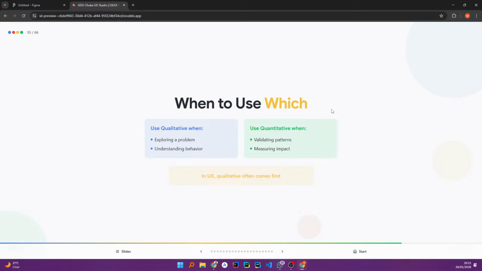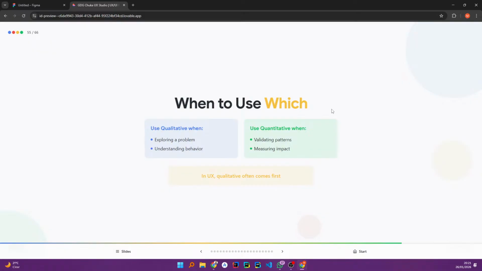Say you want to find out about the workflow of a product. You head out and look for users who are willing to get into an interview with you, use your prototype, and give you feedback.